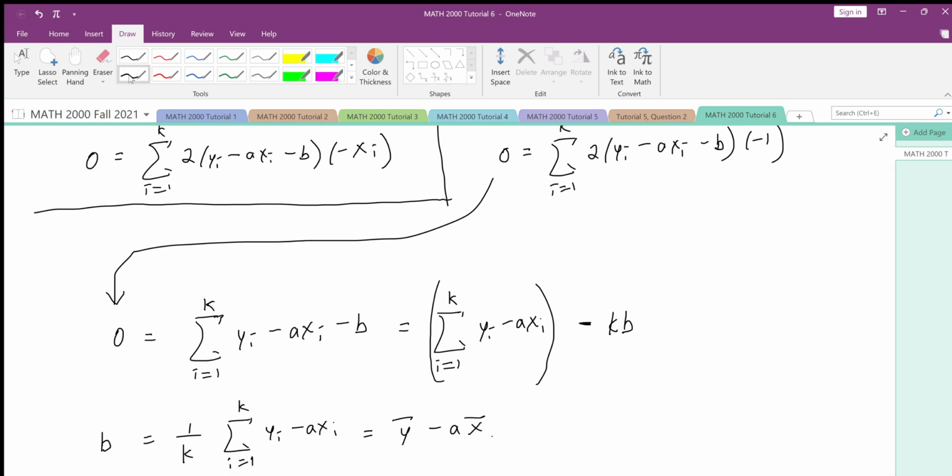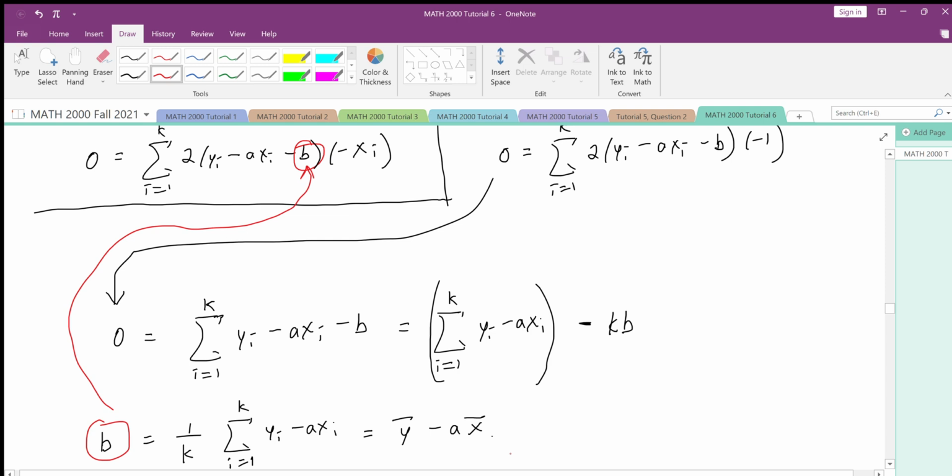Then I take this b value that I found here, and I'll substitute it all the way up there from before. And then I'll simplify that expression, and I'll see what I can get for a.